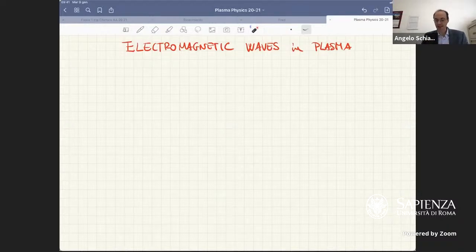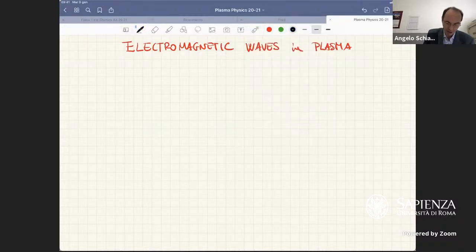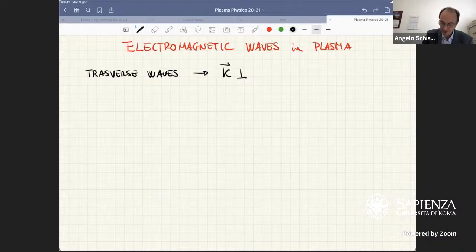And these kinds of waves are transverse waves. So we are seeking solutions to the wave equation for transverse waves, where the K vector is orthogonal to, for instance, the electric field.